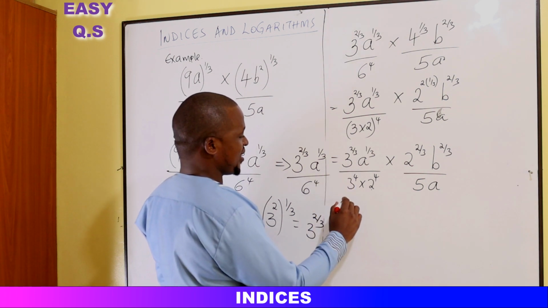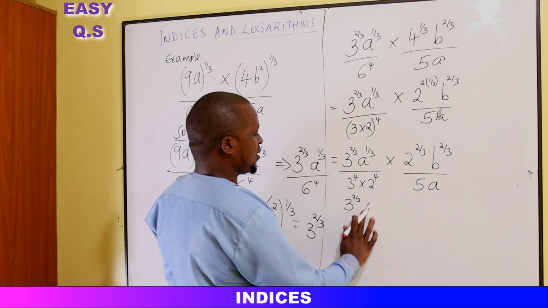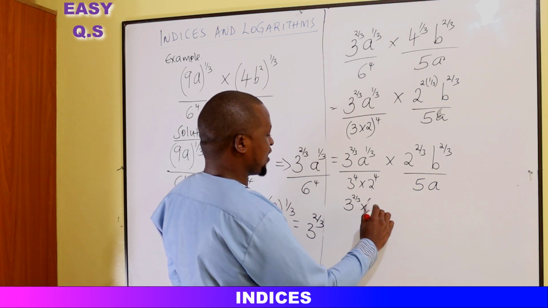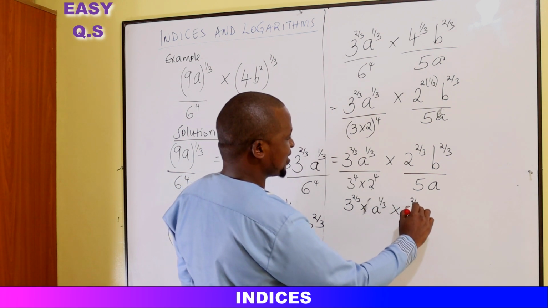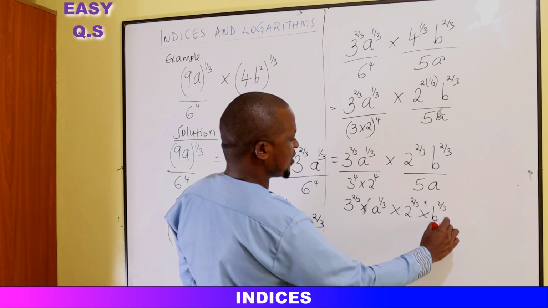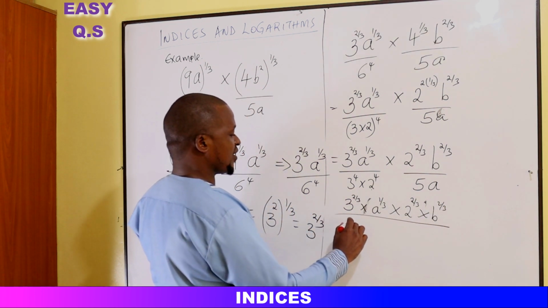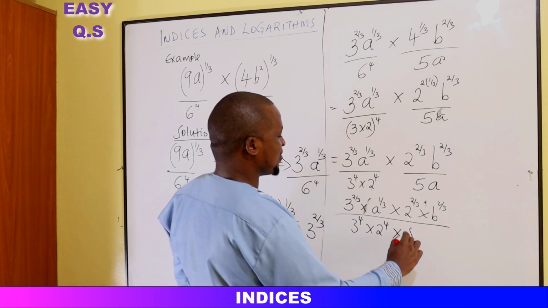So this will be 3 raised to the power 2 over 3, times a raised to the power 1 over 3, times 2 raised to the power 2 over 3, times b raised to the power 2 over 3, over 3 raised to the power 4, times 2 raised to the power 4, times 5a.